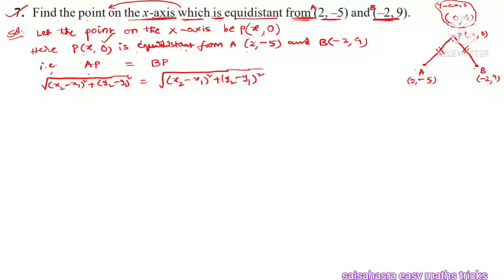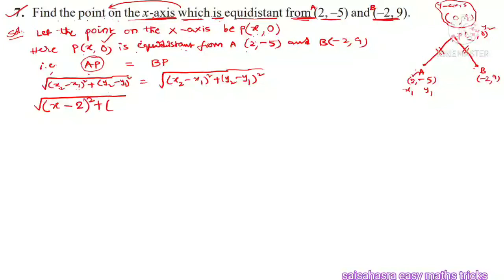If you are observing, when you are talking about AP, A will be x1 y1, B will be x2 y2. Now in this one we will substitute those values under root: bracket open x2. X2 is what here? X2 is x only. X minus x1. X1 is 2, square, plus y2.